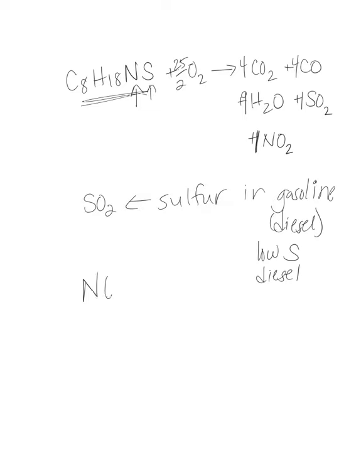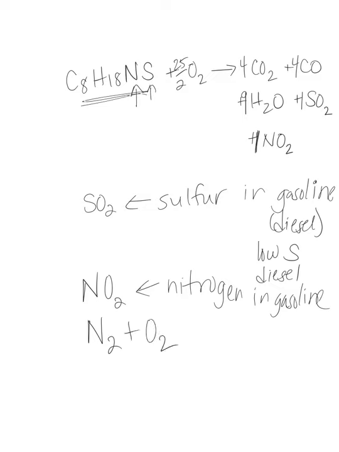If there's some nitrogen impurities, the NO2 is going to come from the nitrogen in the gasoline. Or remember, for any burning, you're going to take in air, and in the air is 78% nitrogen gas, 21% oxygen gas.